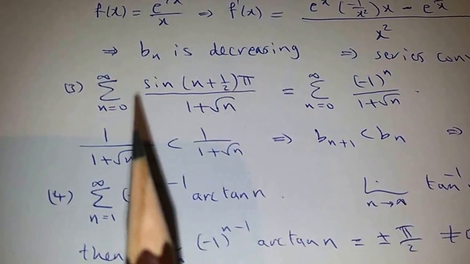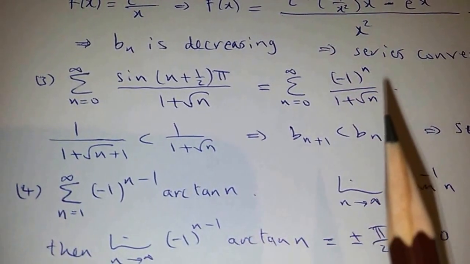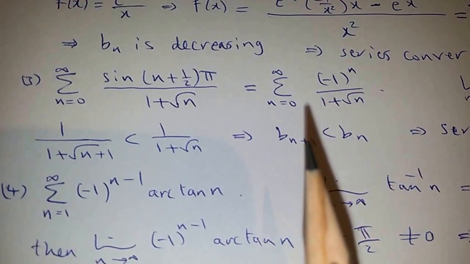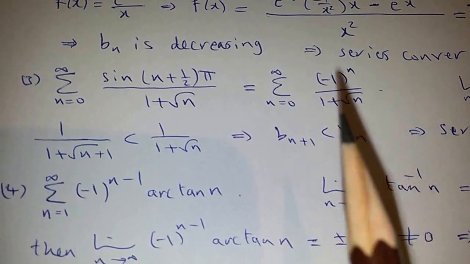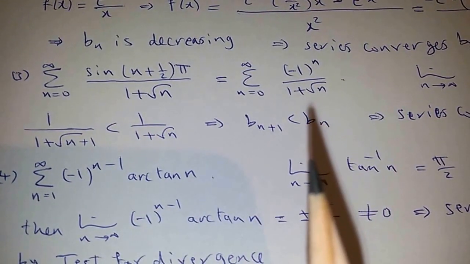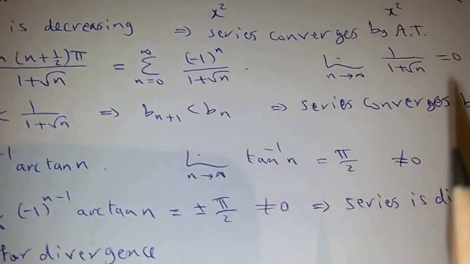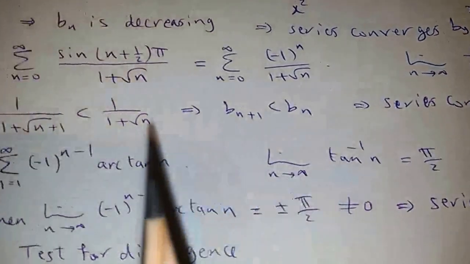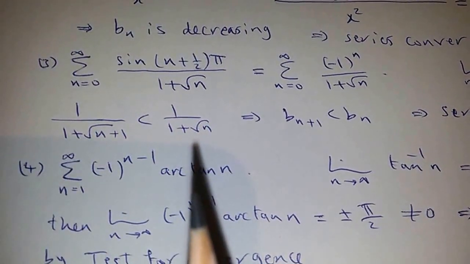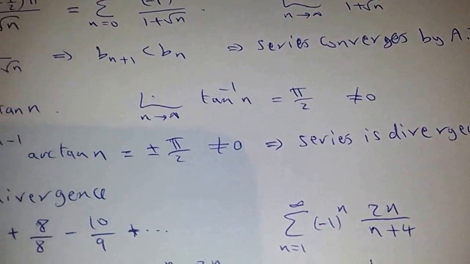So in fact, sine of (n plus half) times pi is exactly equal to (-1) to the power n. So you can write this series in this form, and it's clear that it's an alternating series. The limit of bn is 0, and it's easy to see that bn plus 1 is less than bn, so it's decreasing. So the series converges by the alternating series test.